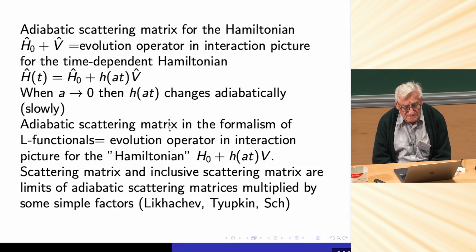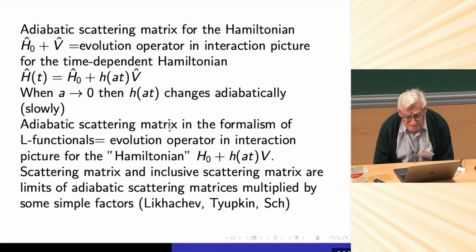So you should consider the adiabatic scattering matrix. You consider a Hamiltonian which is represented as a sum of the free Hamiltonian H0 with the interaction Hamiltonian V. And you multiply this interaction Hamiltonian by some function that changes slowly, adiabatically.